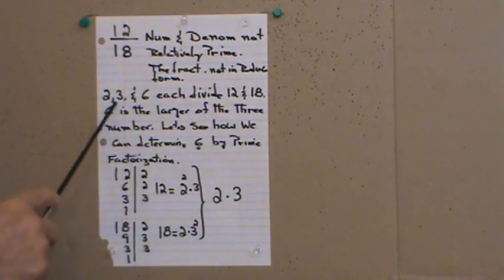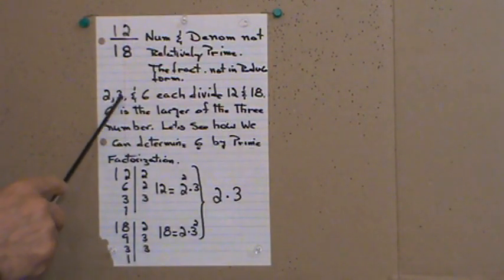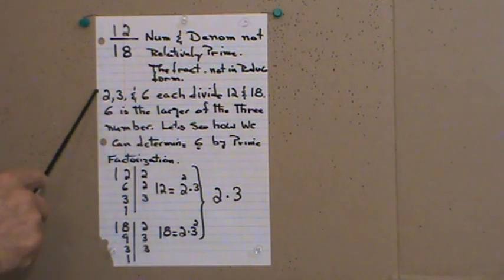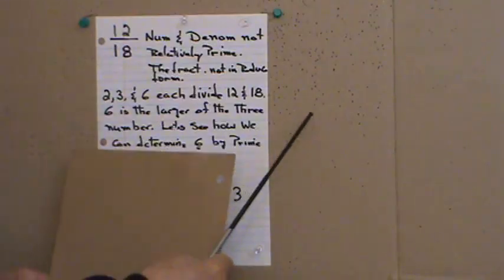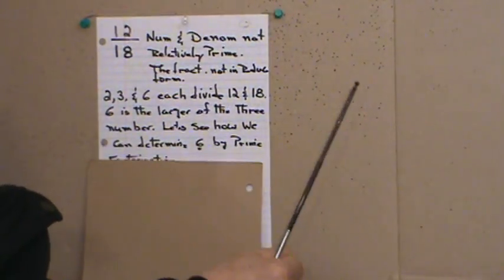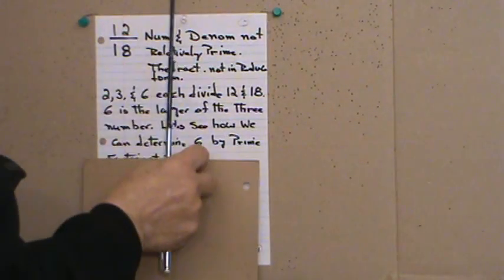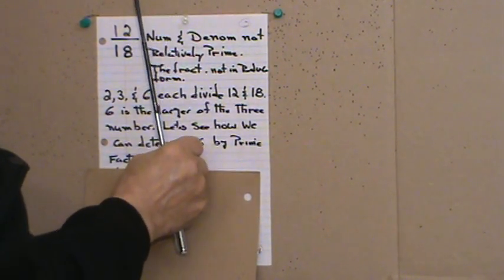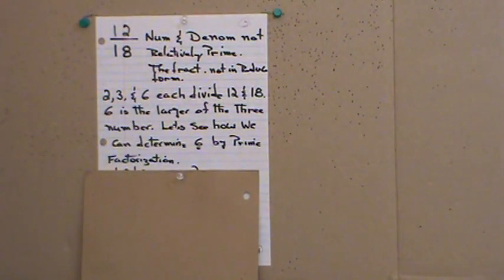They are both divisible by 2, by 3, and by 6, but 6 is the largest of the three. That is what we call the greatest common divisor, which means it divides both of them, and out of all the others that divide both of them, 6 is the largest one.